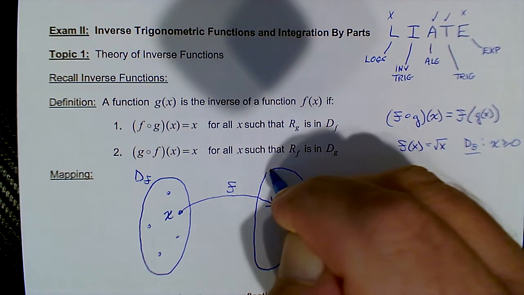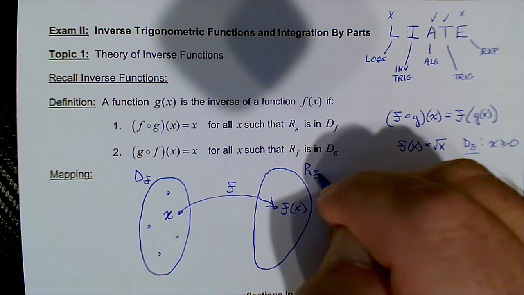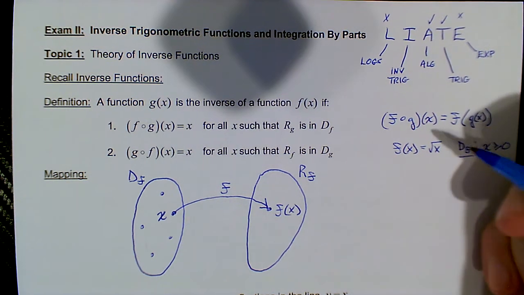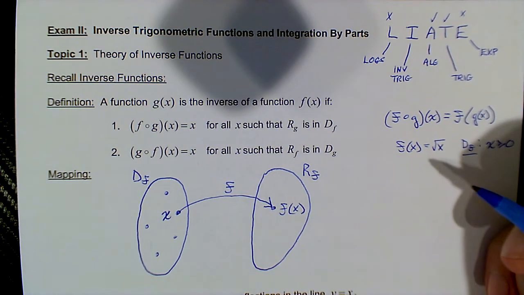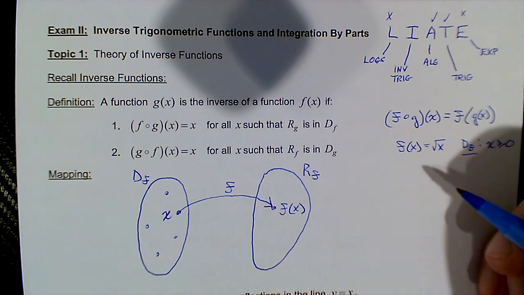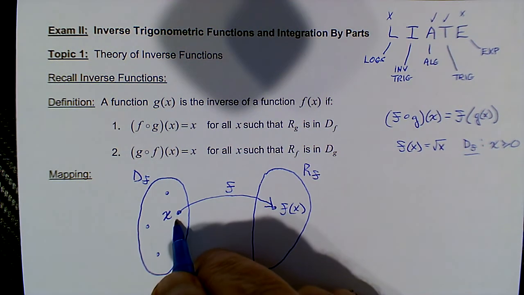And we'll just call that the range of f. And then we want to define the inverse function. And the inverse function is basically the function that undoes whatever f did to that element x.